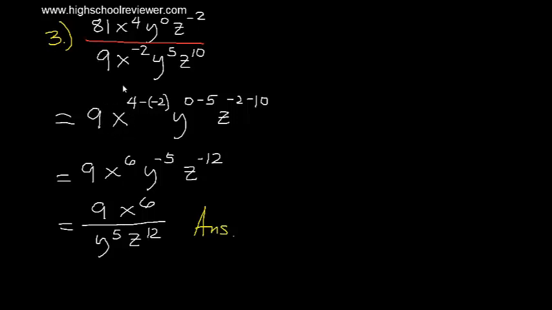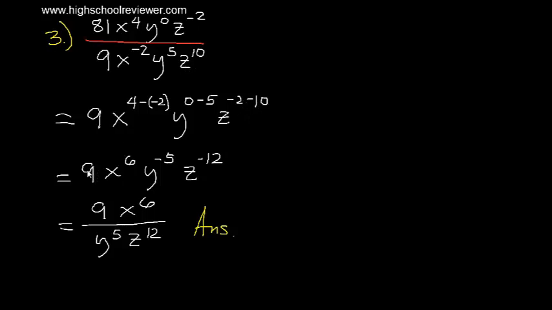And then we have here, since this is division, we are going to subtract the exponents. x raised to 4 minus the exponent of the denominator, which is negative 2. And then y raised to 0 minus the exponent of positive 5. z raised to negative 2 minus the exponent of positive 10.